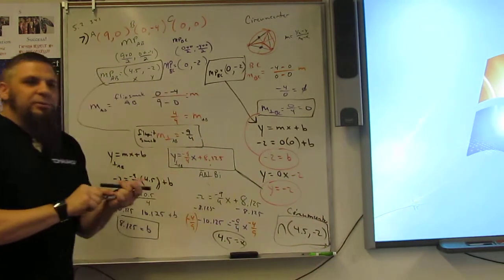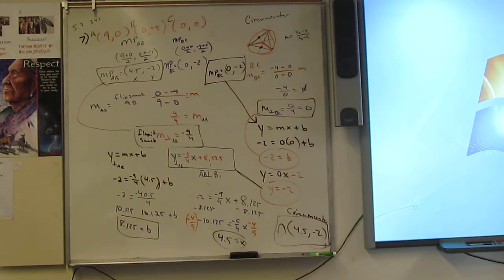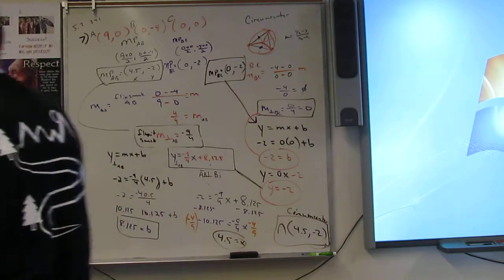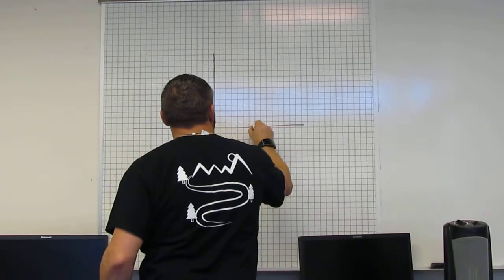So you could see how this would be a lot harder. Now while you're doing that, I want to set up what this really looks like. Okay, here are my colors. So I have 9, 0. 9 is x: 1, 2, 3, 4, 5, 6, 7, 8, 9.